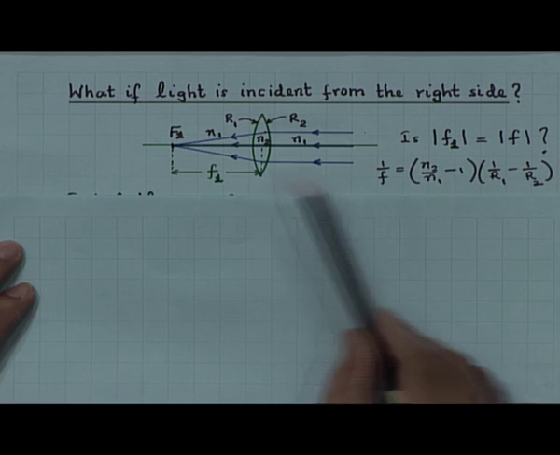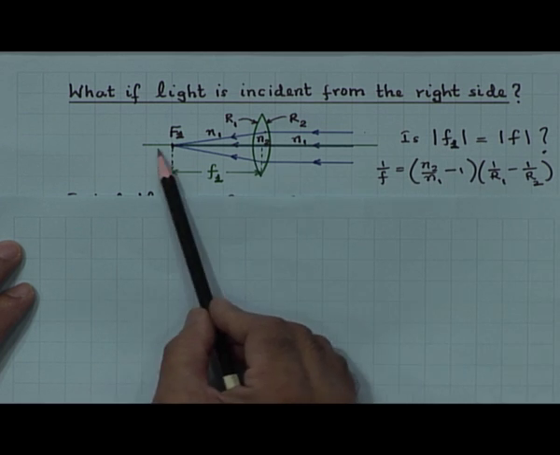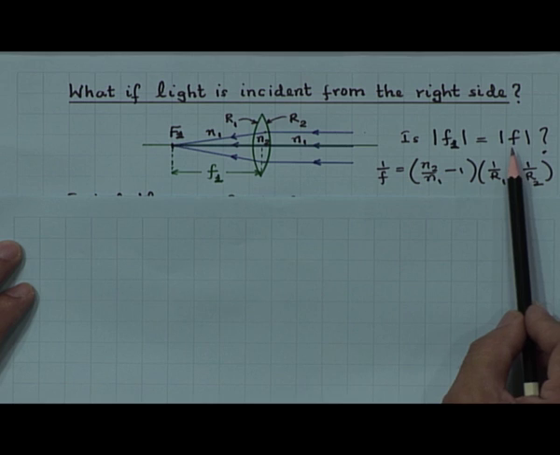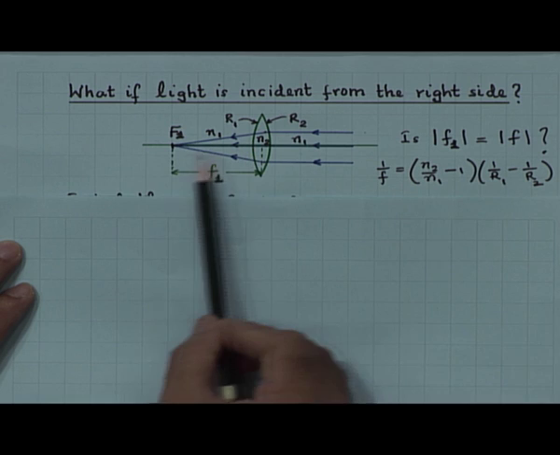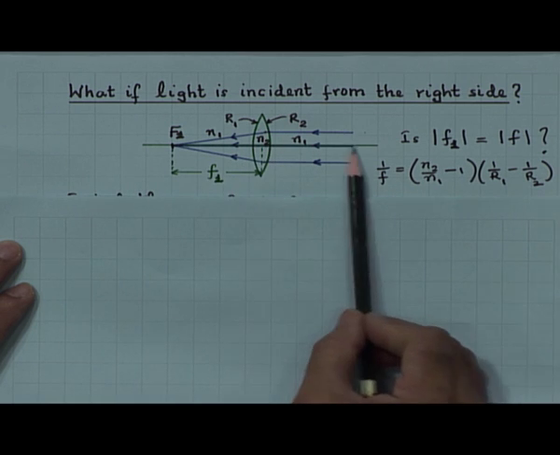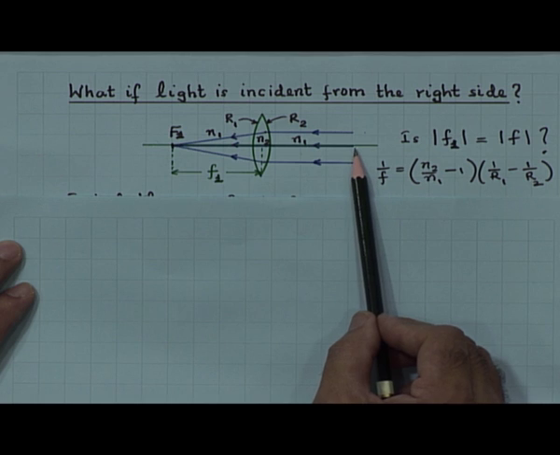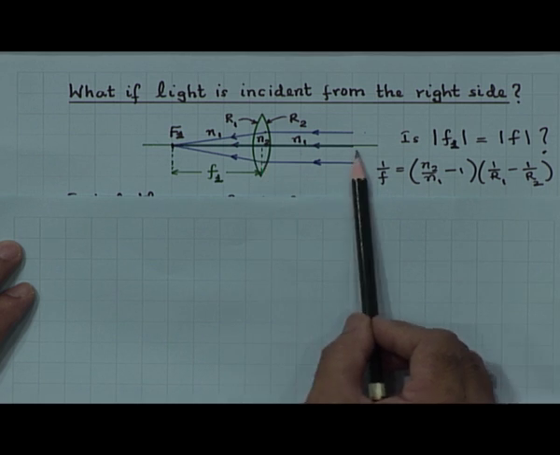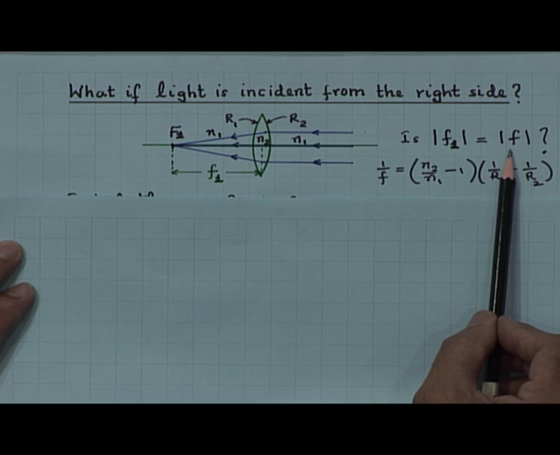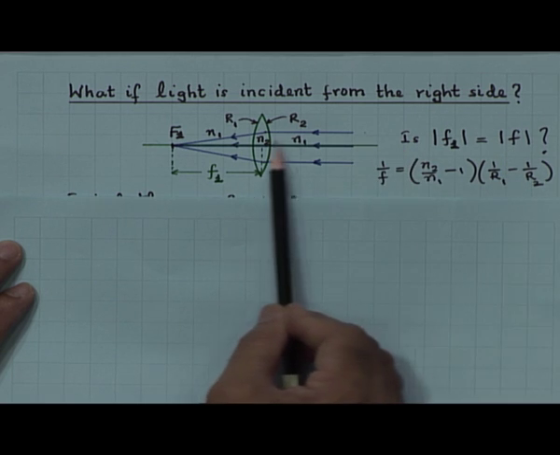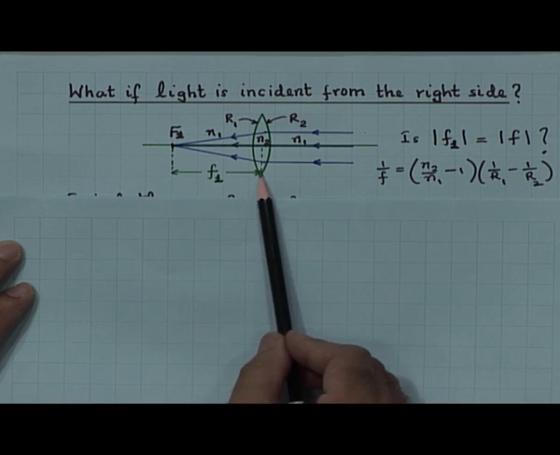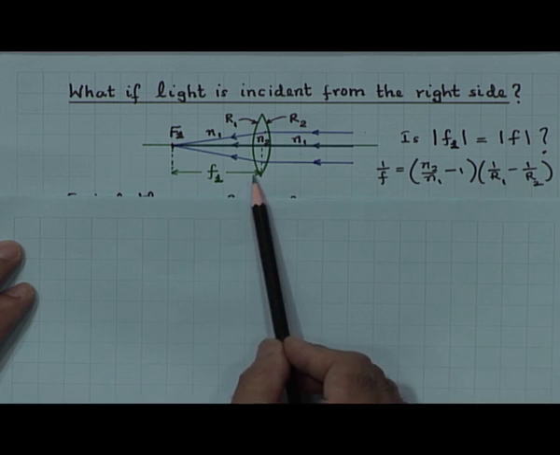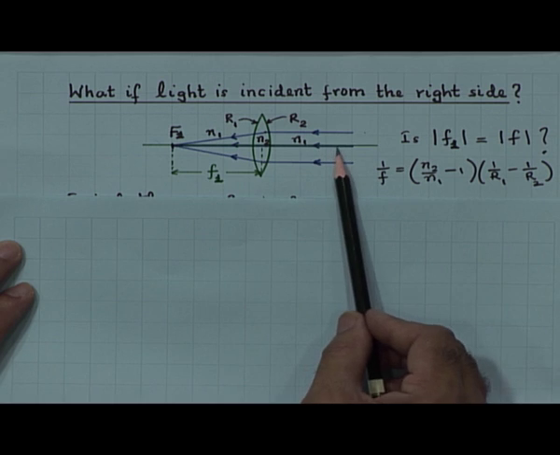So, the question is whether this distance f1 is the same as the f we had considered when parallel light was incident from this side and focused to a point, to the principal focus here, and we call this focal length f. Now, if light were to be incident from here, whether it will focus to a point here and whether the focal length on this side is the same as the focal length on that side.